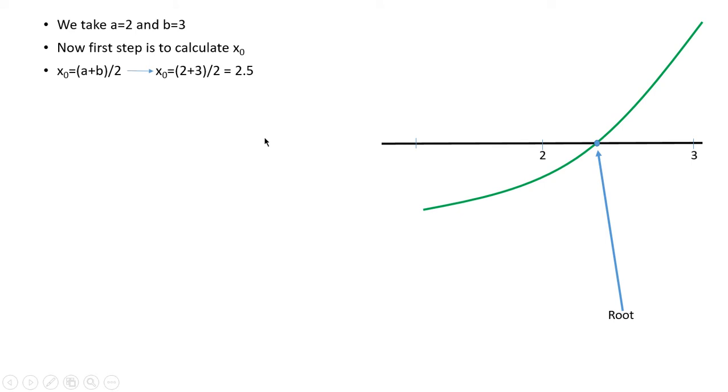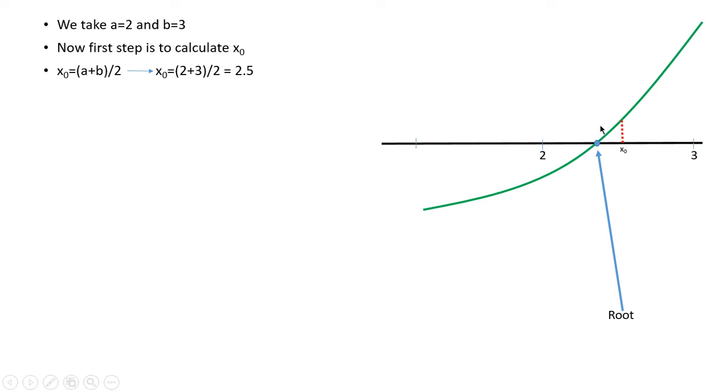So we calculate the midpoint, which comes to be 2.5, and it will approximately lie here between 2 and 3. Now this is our new point, and as you know, for the midpoint rule you have to deal with 2 points, so either we will use this point for the next iteration or we will use this point.